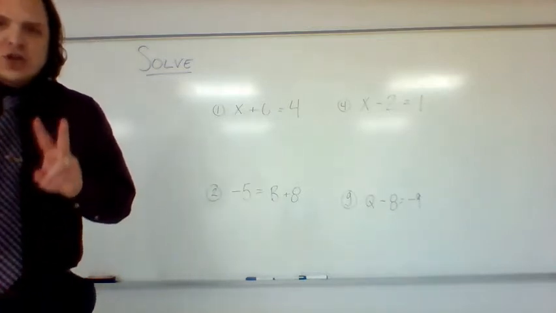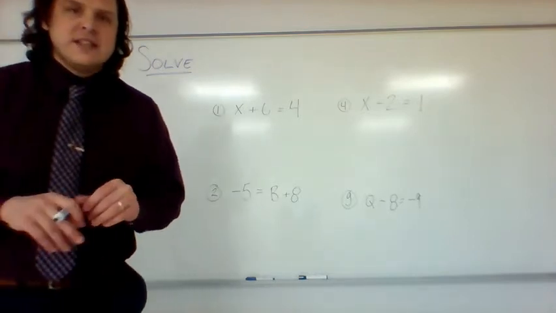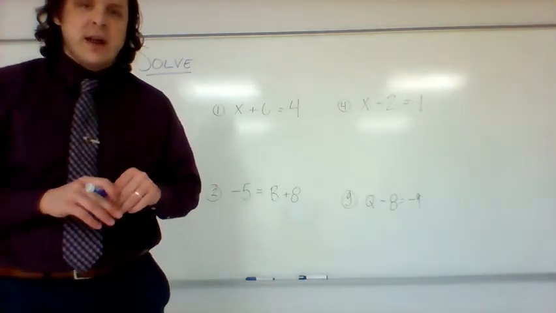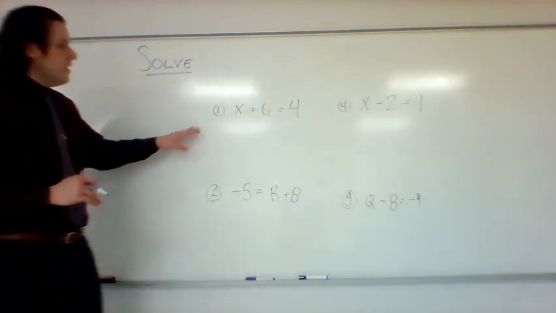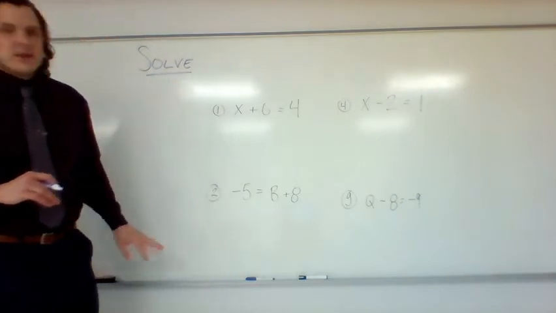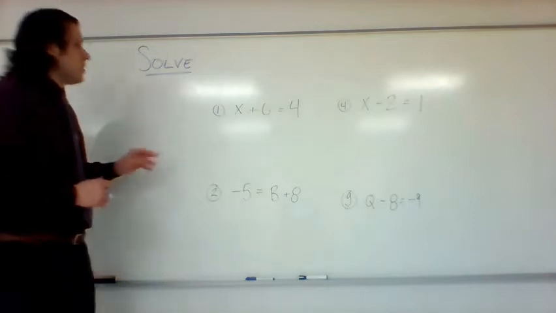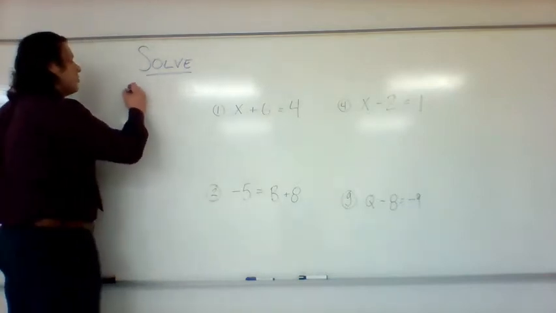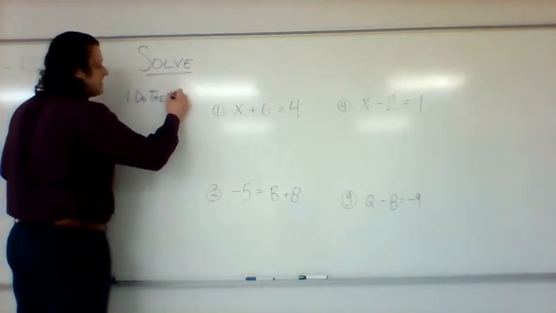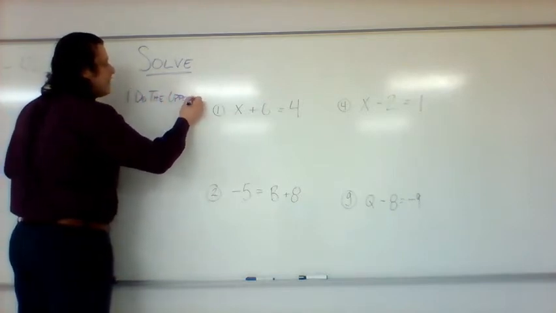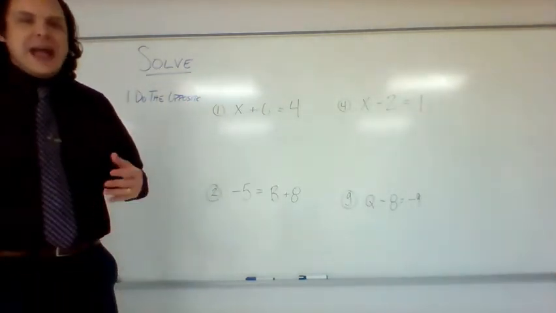I have two ways to solve, and this is basically for any equation. We're going to start with really easy ones today, known as one-step equations, meaning we'll use one step to solve. The first step is always to do the opposite. Just as a quick heads up, what's the opposite of adding?